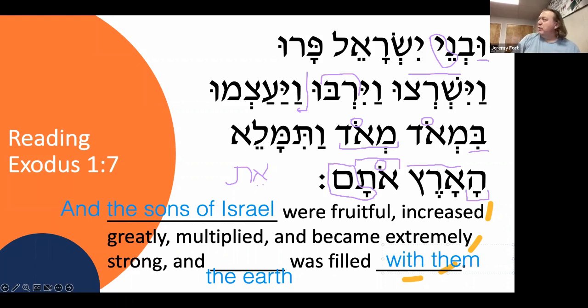Yep. With them. So you can attach these suffixes, believe it or not, to any word, even prepositions. So if you had bet, it'd be in them.